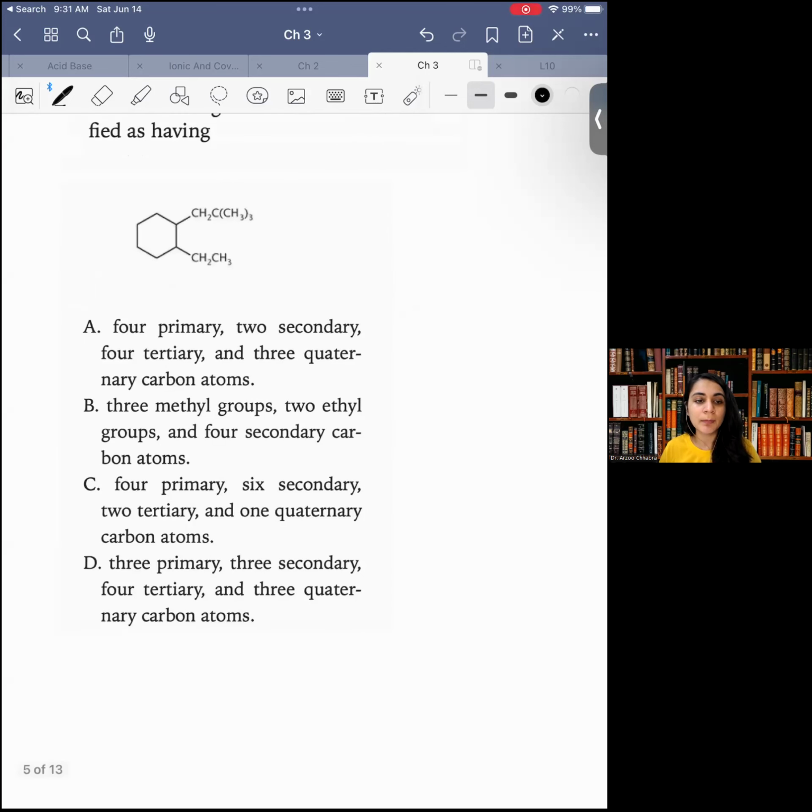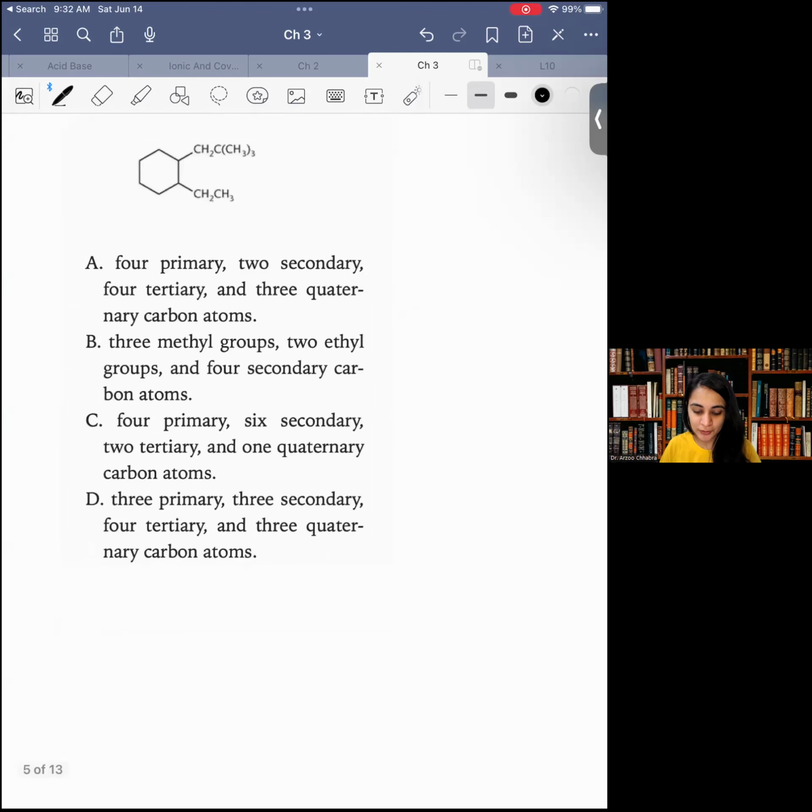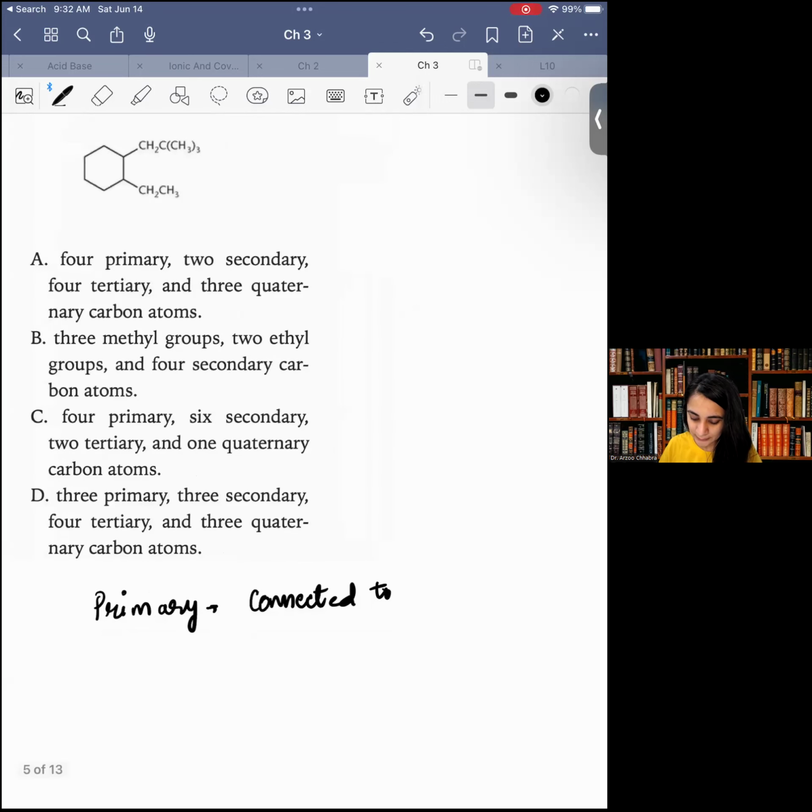So in this problem, you are supposed to identify whether your carbon center is primary, secondary, or tertiary. By definition, a primary carbon center is a carbon which is connected to 1 carbon, right?